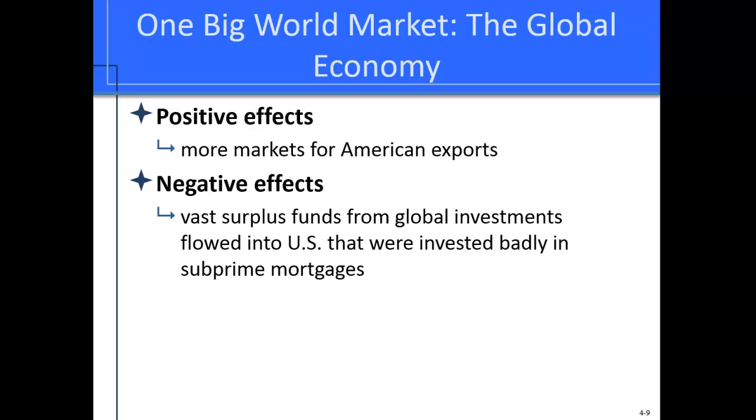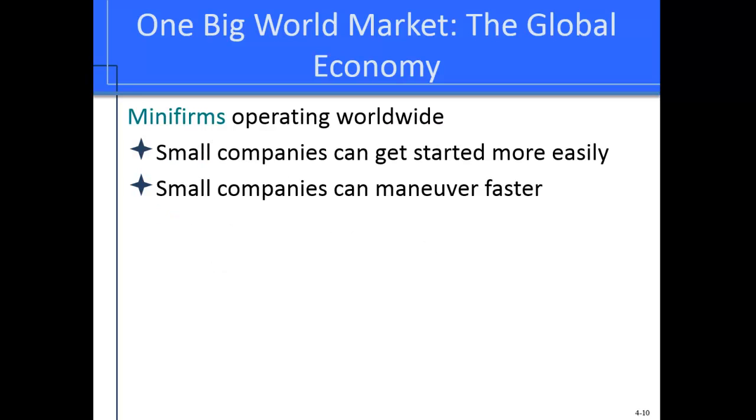Now let's look at our cross-border business, which is the rise of mega mergers and many firms worldwide. So this global market that we've been experiencing over the last several years, which is obviously driven by electronic information, has fueled the growth of two opposite kinds of businesses. Mega mergers operate worldwide.